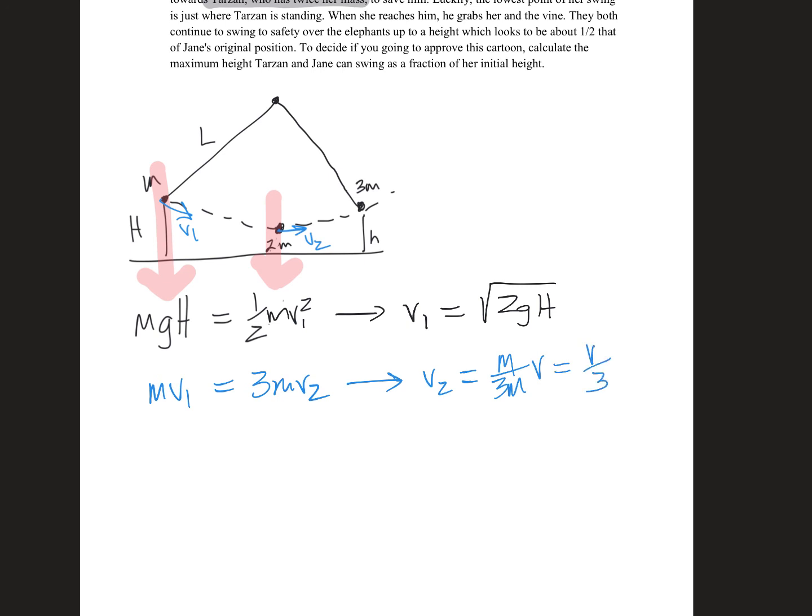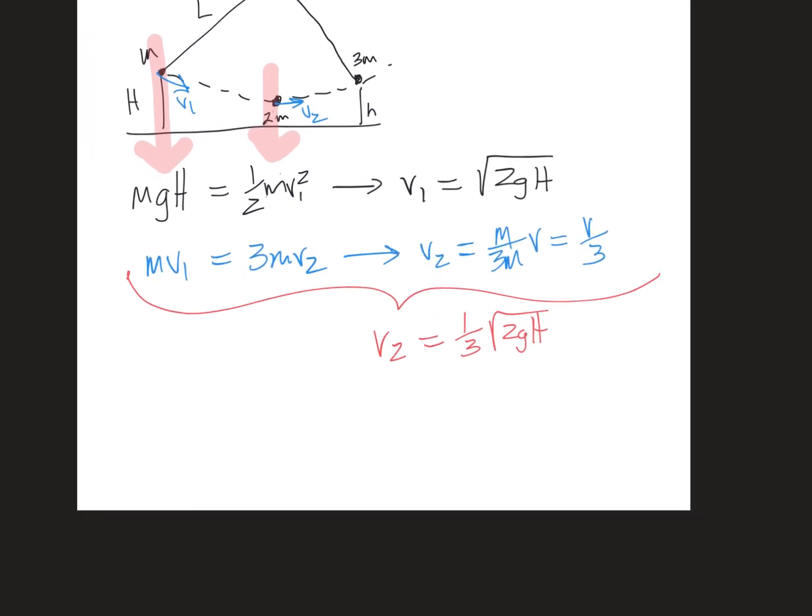And so now we have a way to connect these dots, and this will allow us to write v2 is 1/3 of root 2gh. And there we go.